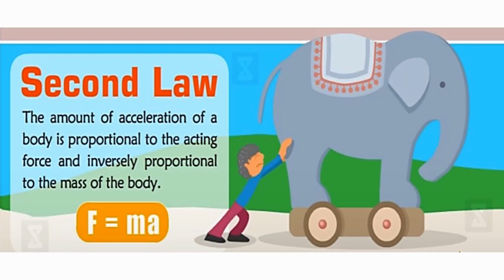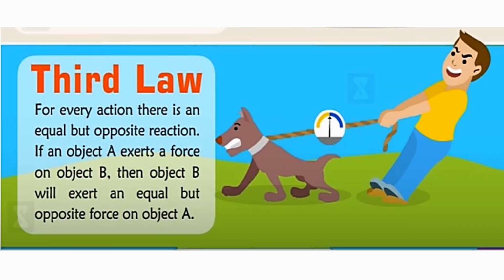In the second law of motion, the amount of acceleration of a body is proportional to the acting force and inversely proportional to the mass of the body. The third law of motion states that for every action, there is an equal but opposite reaction. So, if an object A exerts a force on object B, then object B will exert an equal but opposite force on object A.